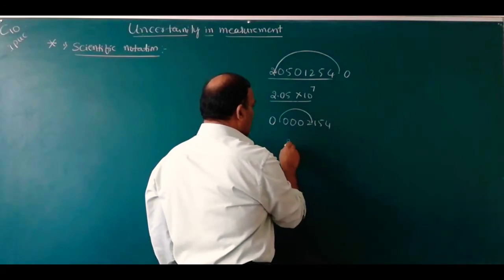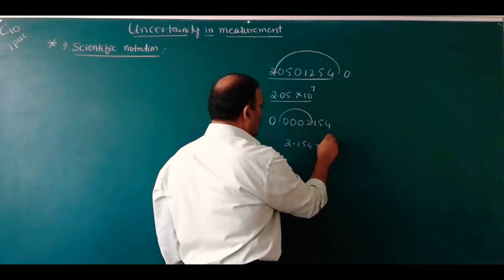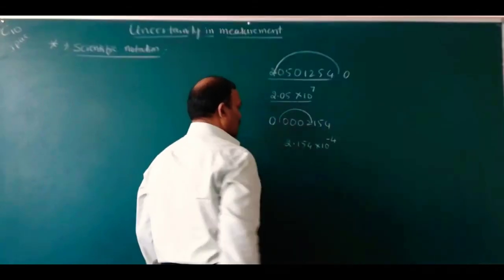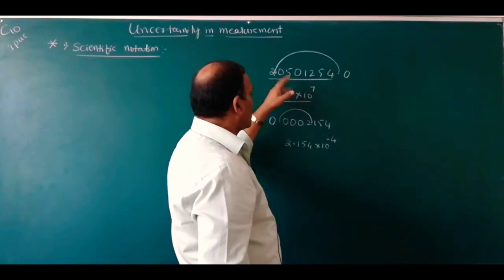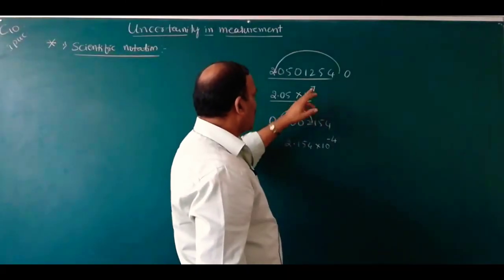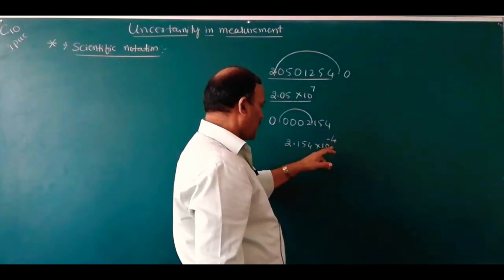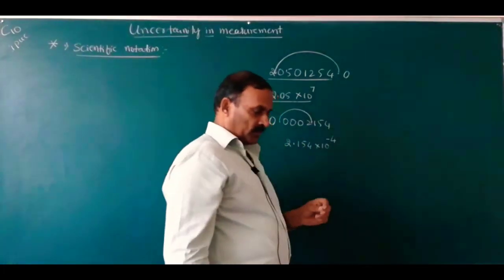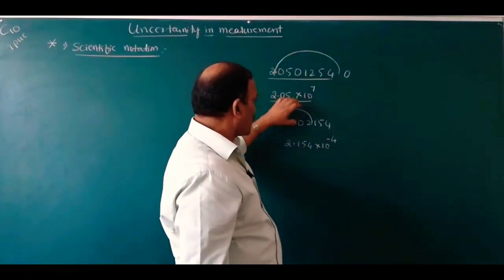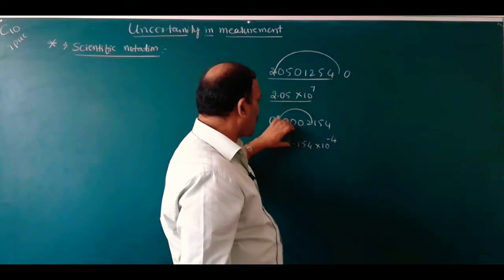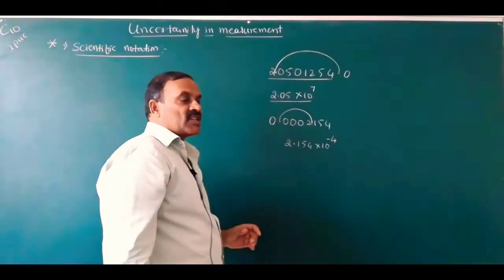Therefore, it can be written as 2.154 into 10 to the power of minus 4. If we move towards left side, we write 10 to the power of 7. If you move towards right side, it should be 10 to the power of minus 4. Writing big numbers or small numbers in this form is known as scientific notation.